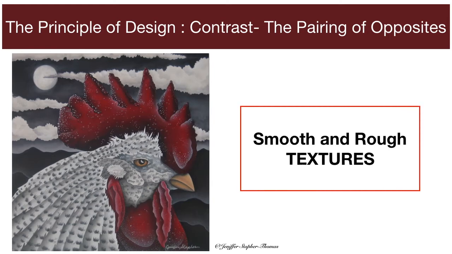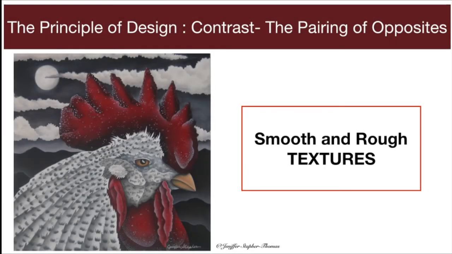Let's continue investigating the principle of design, contrast, the pairing of opposites. This is another painting by me, Jennifer Stapher-Thomas, and it's called Waiting for Daybreak. It was a fantasy I had about a beautiful rooster protecting his hens during the night here in the desert. And what's there not to admire about a beautiful rooster?